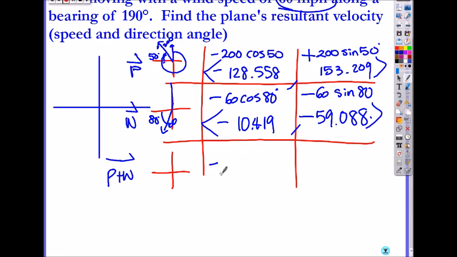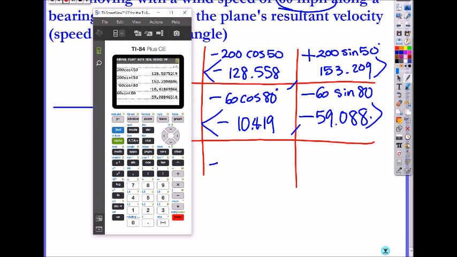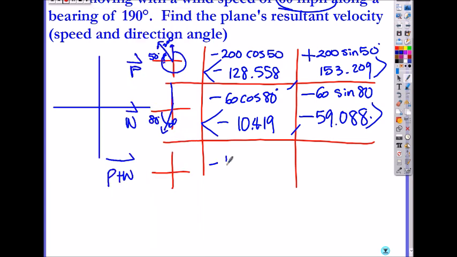What is it? Plug into the calculator. Negative 128.558 minus 10.419, so negative 138.977.